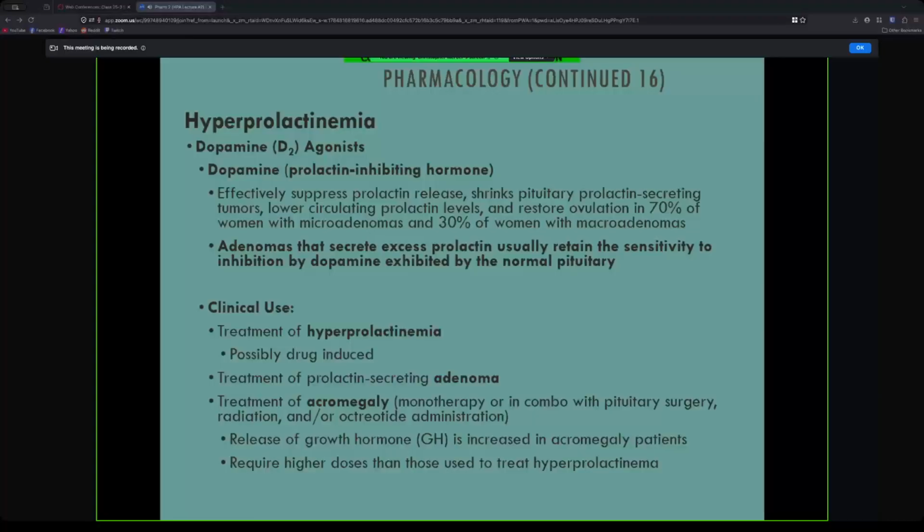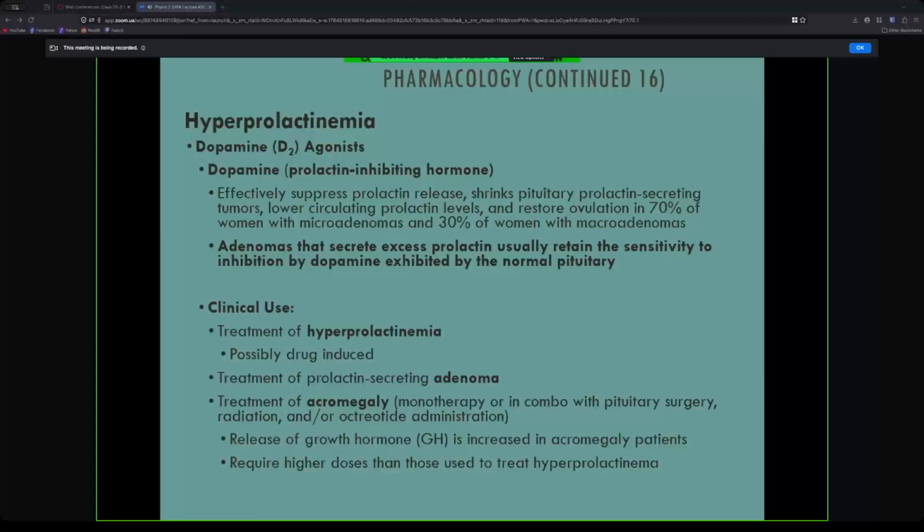So normally dopamine in the hypothalamus is going to inhibit GH release by acting on the D2 receptors. But in acromegaly, because the GH secreting adenoma often has reduced receptor expression for dopamine, we do get in GH sometimes altered dopaminergic regulation. So dopamine's inhibitory effect on GH can be affected, and that's why we can use them in acromegaly as well.